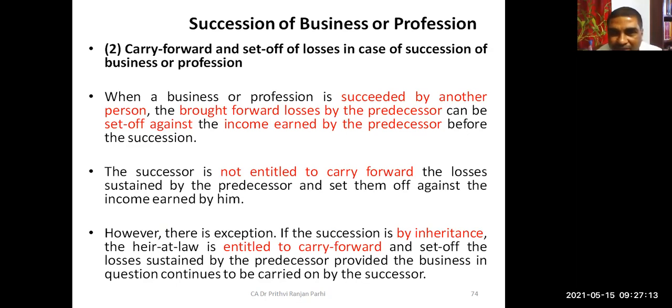Before succession happens, whatever income is there, the loss can be set off against that. But the remaining loss cannot be carried forward. The successor is not entitled to carry forward the losses sustained by the predecessor and set them off. You can only set off prior to the date of succession.